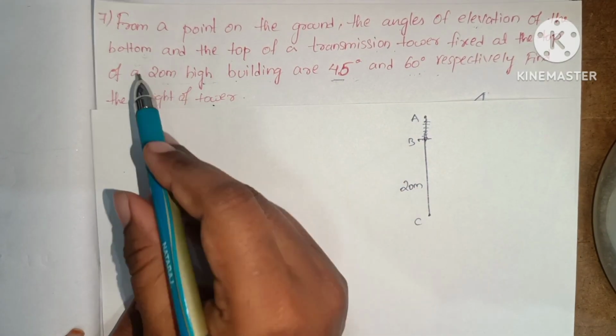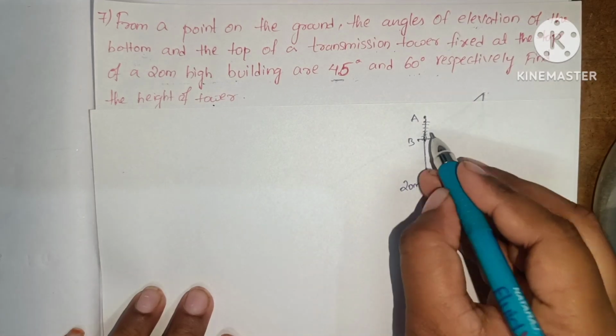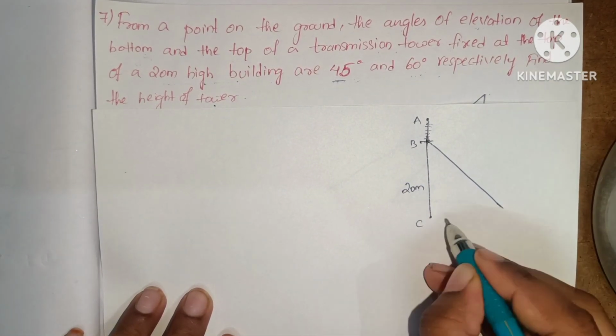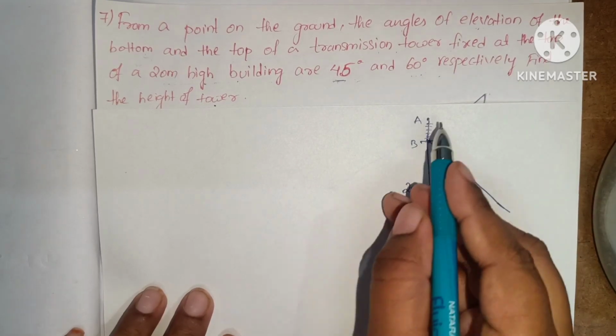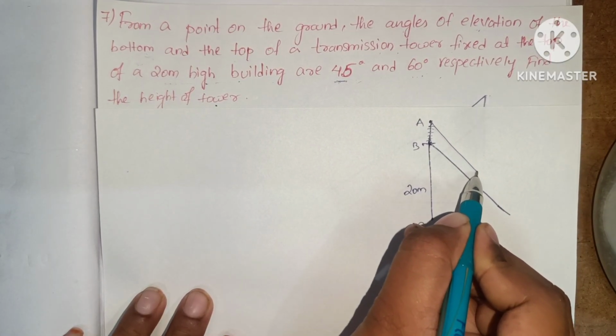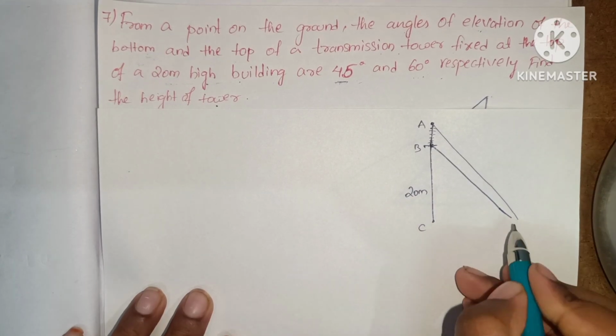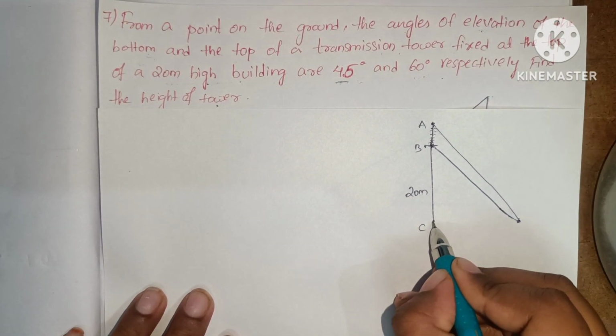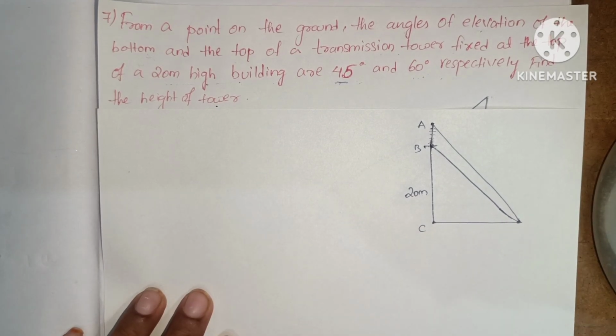First the bottom was there, 45 degree. So from the bottom draw one angle of elevation. Next from A draw one angle of elevation. Here it was, and I joined this one.